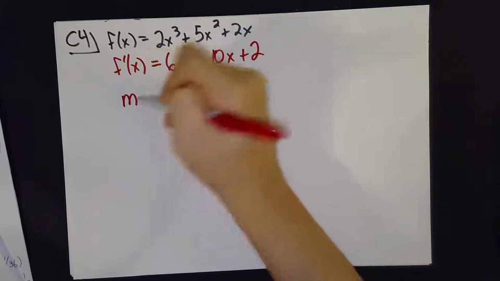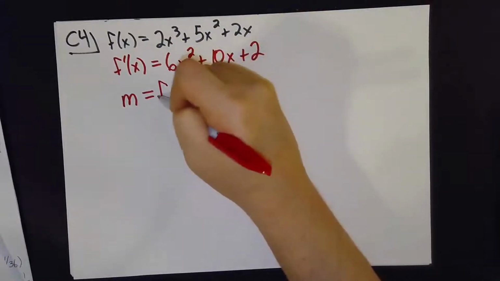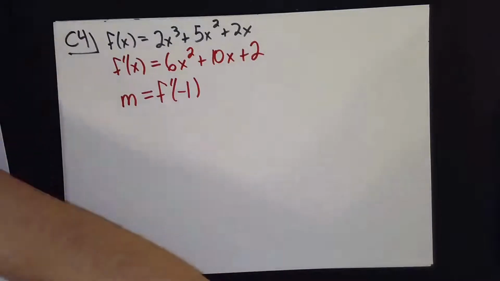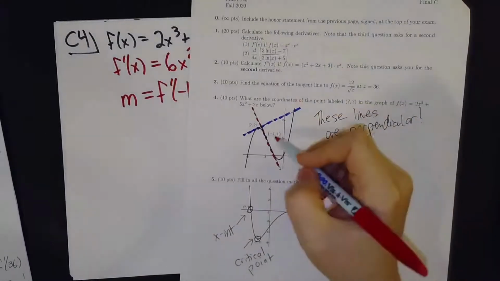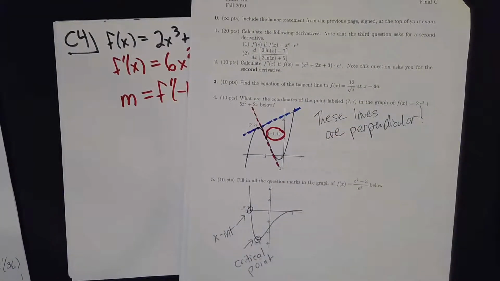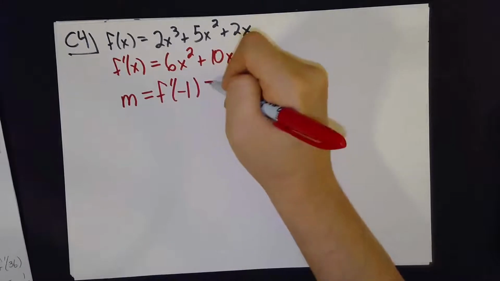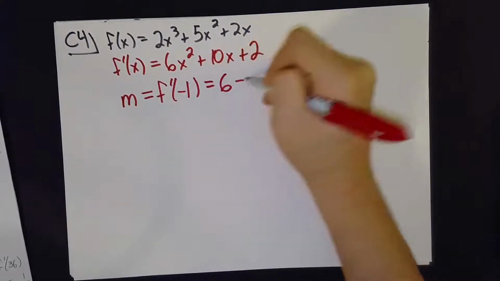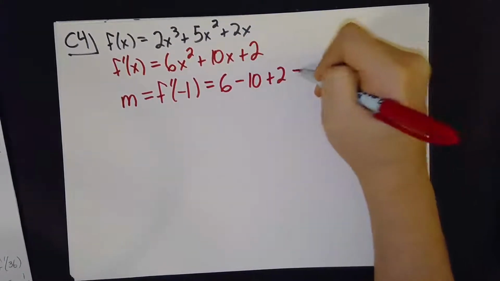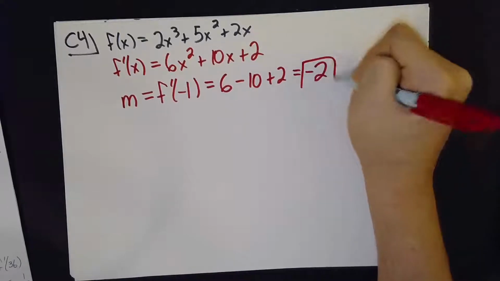And so the slope of the red line is f prime of minus 1. It's minus 1 because that's how the point where this is the tangent line is labeled, by the way. Not for any deep or profound reason. This is 6 minus 10 plus 2, which is minus 2.